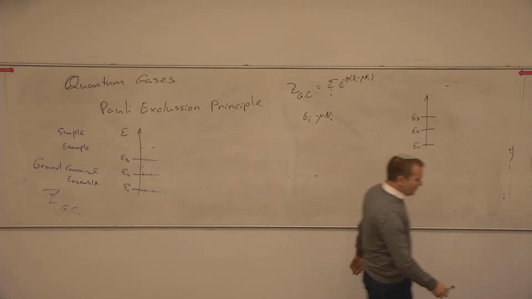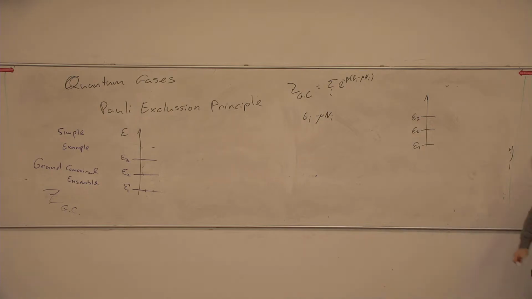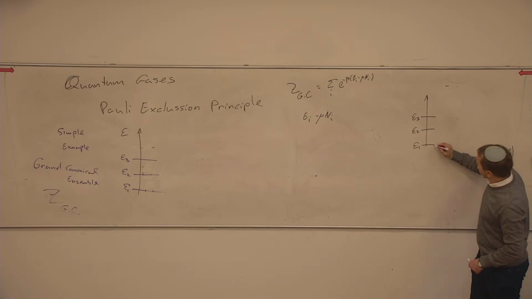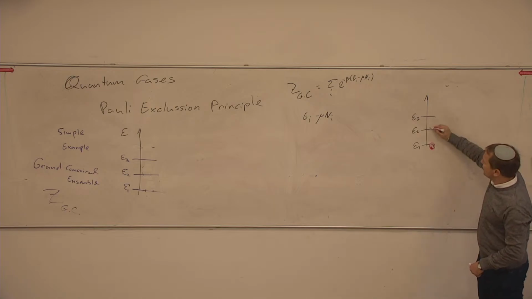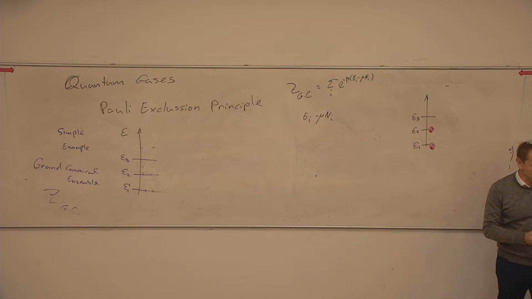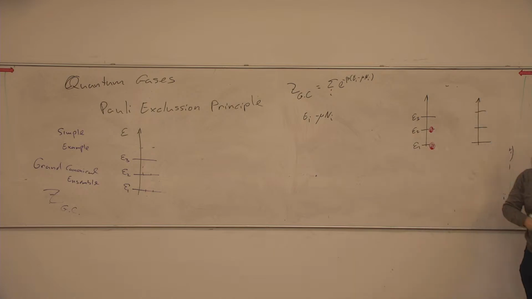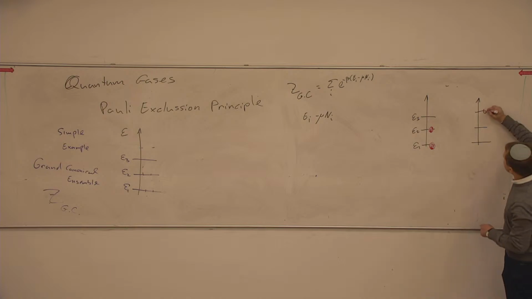Now I have to count all the different states. So I put one particle over here, I put one particle over there. This is a specific state. Or I can have the following state: I put one particle over here, and I put one particle over there.